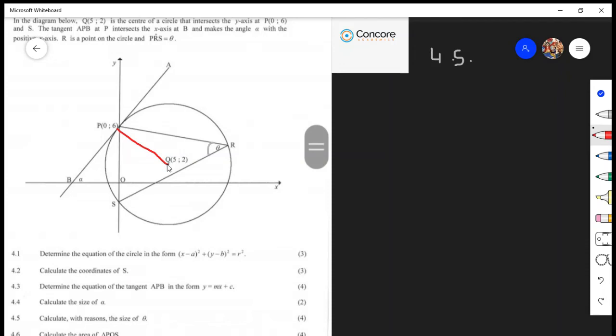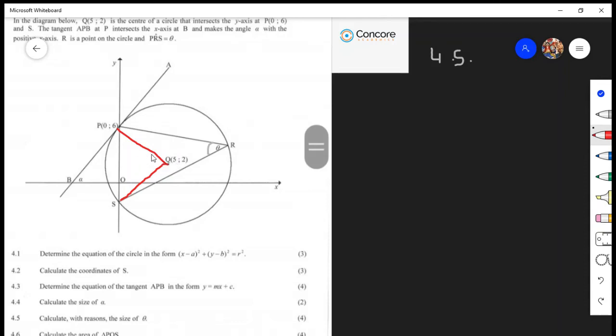Okay, so since we don't have point R, now we can't really use the cosine rule. But what we do have is the radii of the circle, so we can actually use the radii. We can use the cosine rule in a different way, to get this angle over here.